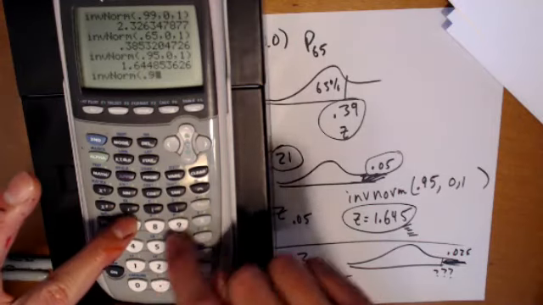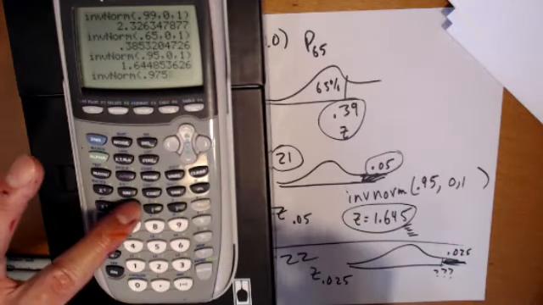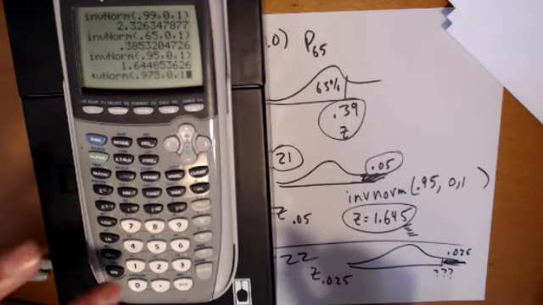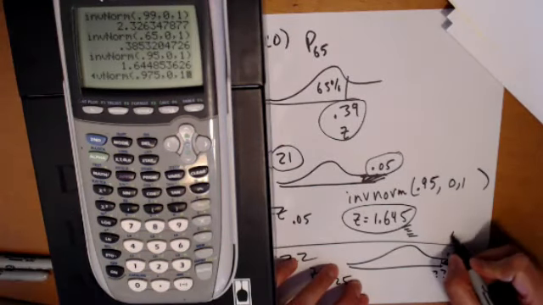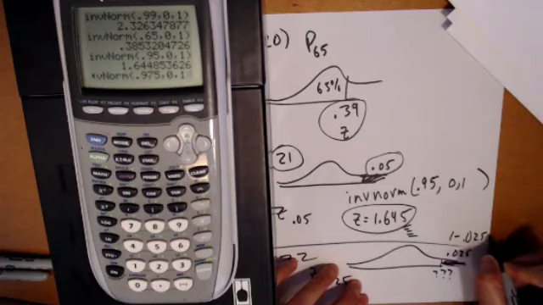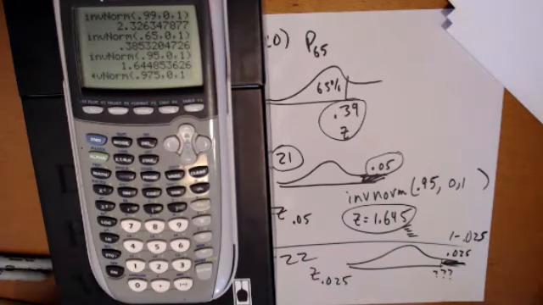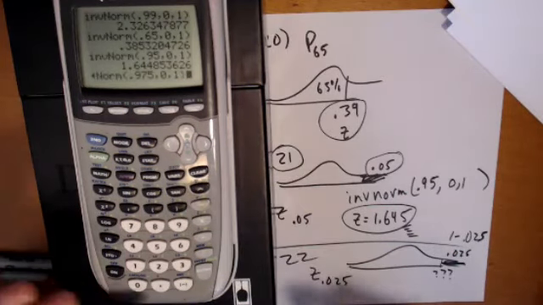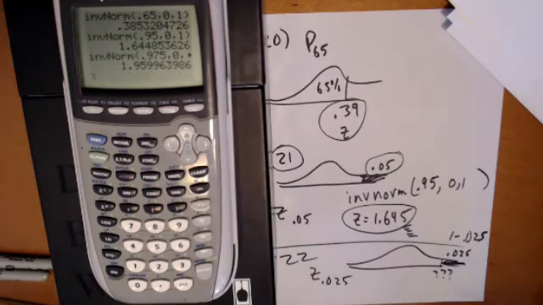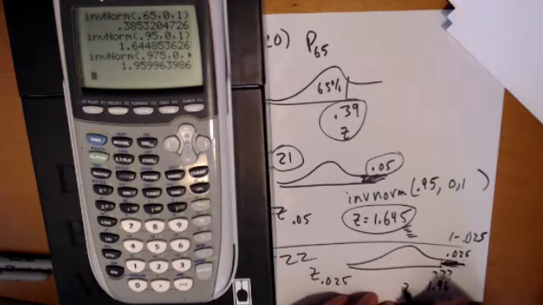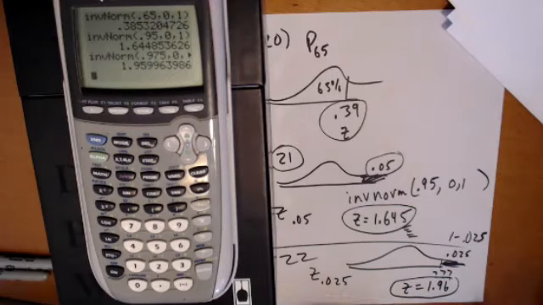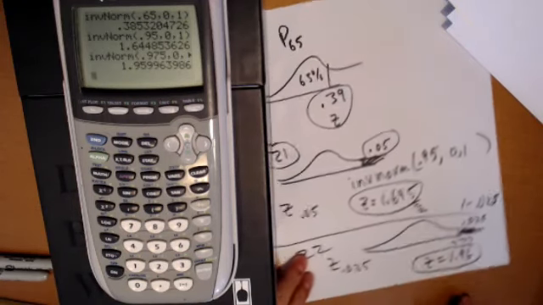So 0.975, comma, 0, comma, 1, right? You agree with me that 1 minus 0.025 is equal to 0.975? Yes. Good. Enter. And that gives us a z value of 1.96. Aha. And then I went 2 places. Whew. What was that? Number 22.